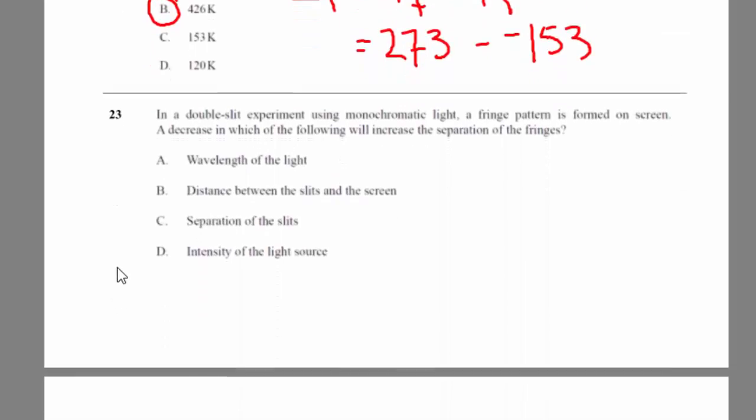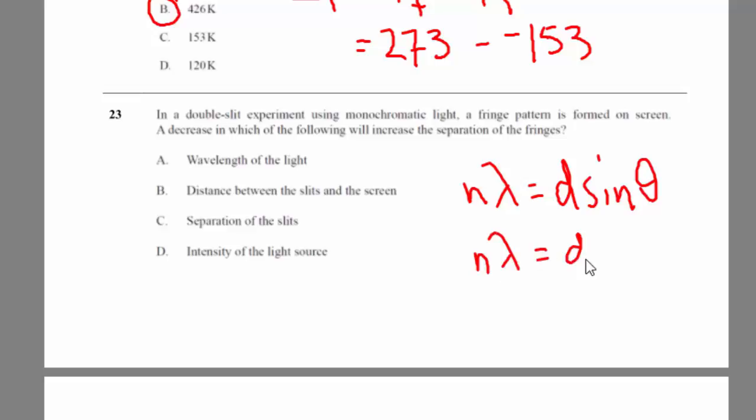In a double slit experiment using monochromatic light, a fringe pattern is formed on the screen. A decrease in which of the following will increase the separation of the fringes? Okay, the equation generally is n lambda equals d sine theta, or n lambda equals dx over L. We want to increase the separation of the fringes, so we want to get x up.